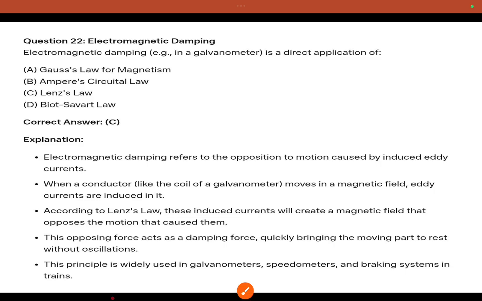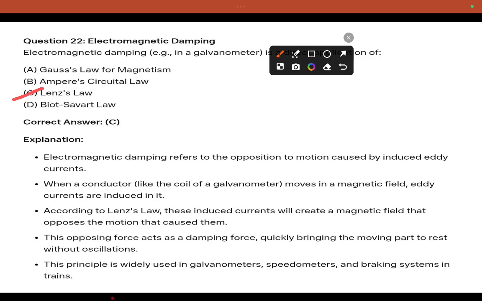Question number 22 is on electromagnetic damping. Electromagnetic damping is a direct application of what? That is Lenz's law. Electromagnetic damping refers to the opposition to motion caused by induced eddy currents. When a conductor like the coil of a galvanometer moves in a magnetic field, eddy currents are induced in it.